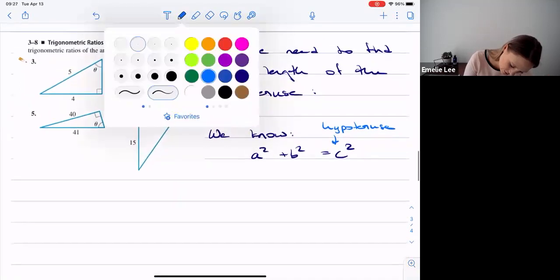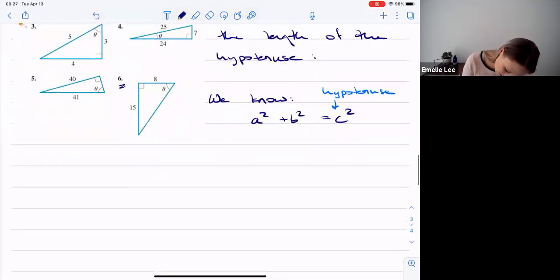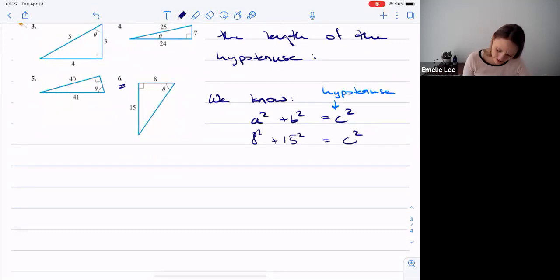So what we have here is that 8 squared plus 15 squared equals c squared. Where's my calculator?